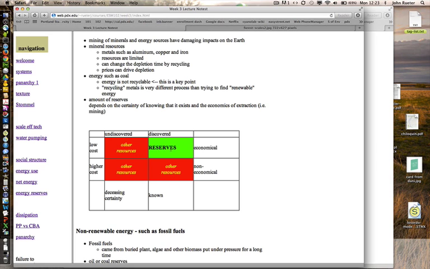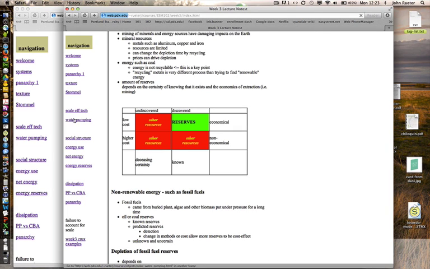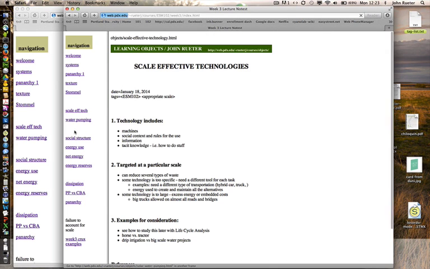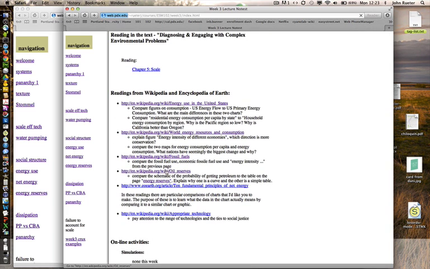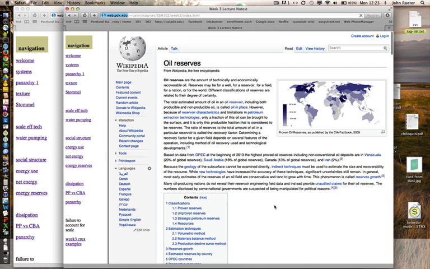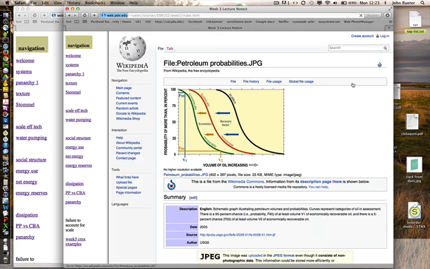So a reserve is a very dynamic idea, and we can see that in this wiki page on oil reserves. There's a really nice diagram that represents fossil fuel reserves in terms of a probability that there is more than that. Here's a curve that shows what's economically recoverable, here's technically recoverable, and here's that we know where it is.